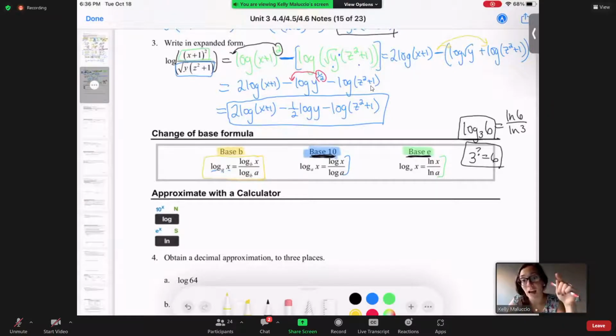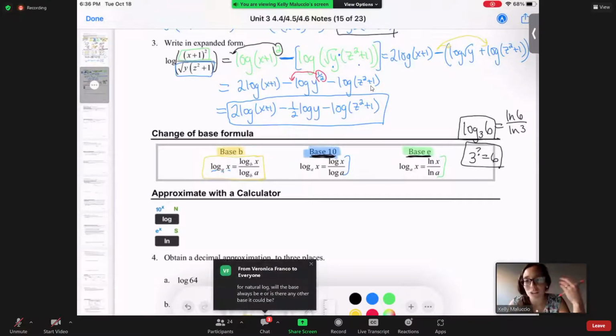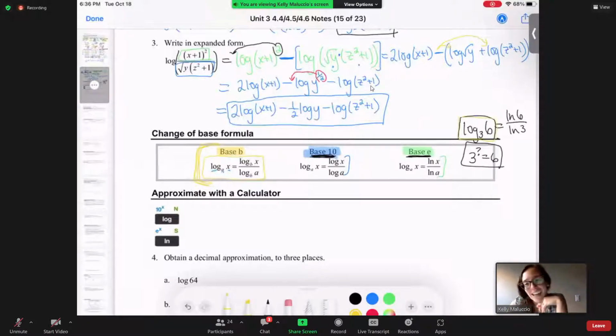You could not put the base as any number. Maybe as I was teaching, this is when it happened, but at least that I can remember, this was not a thing. So I'm very used to this not being a thing. This is probably why they include base b, because you could put this on your calculator. That kind of ruins the fun, but it's okay.